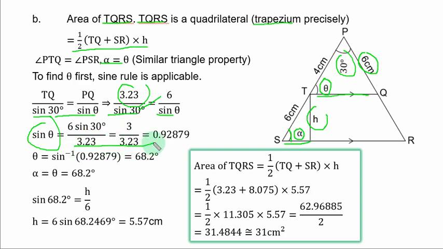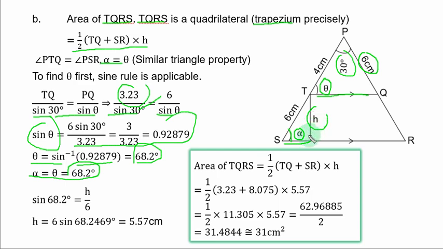If you simplify, you have 0.92879. To get theta, you check the inverse of sine of this value, and that gives 68.2 degrees. So therefore alpha is also equal to 68.2 degrees.